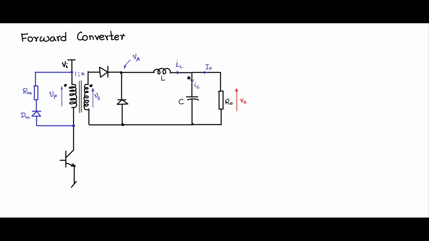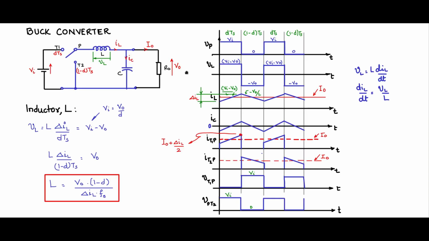Let us look at the buck converter waveforms for now and revisit this buck converter along with the waveforms here, so that we again remember these waveforms. This buck converter portion is very much similar to the secondary portion of the forward converter. All these waveforms are valid, only we will have to look at the notations and change them to the forward converter notations.